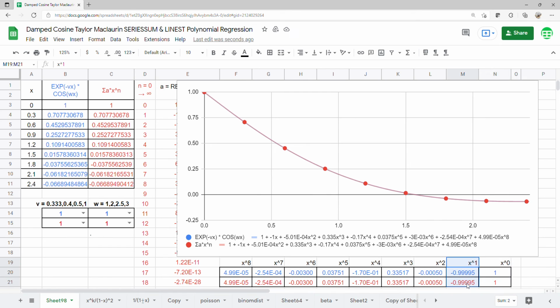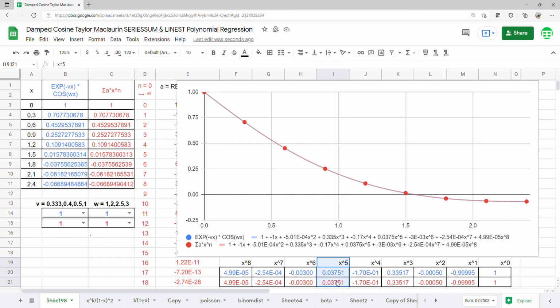Coefficient of x, negative 1, which is also negative 1. Coefficient of x squared, 5.01 times 10 to the minus 4. Coefficient of x cubed, this is 0.335, 0.335. Coefficient of x to the 4th, that's 0.17, this is 0.17.